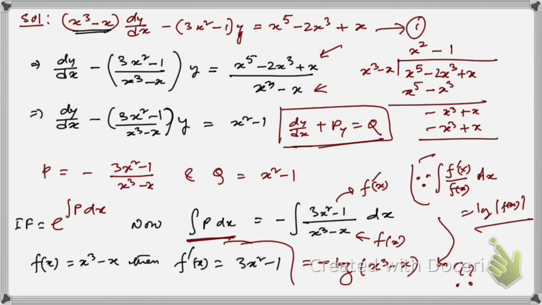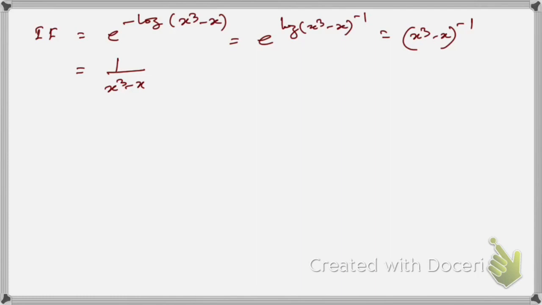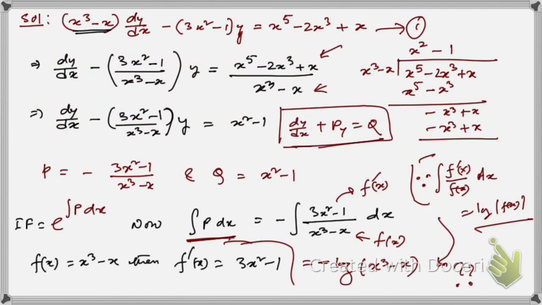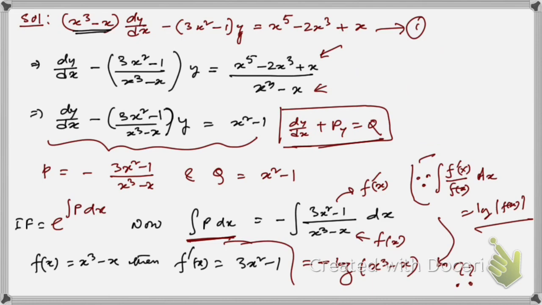Let me take this one as 1. So you can consider this one as the differential equation now. The solution of this kind of differential equation, in this kind of form, let me write. The solution is given by y into integrating factor is equal to integration of q into integrating factor dx plus c.